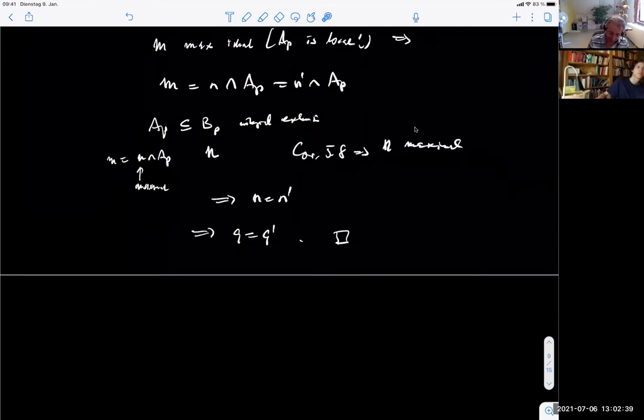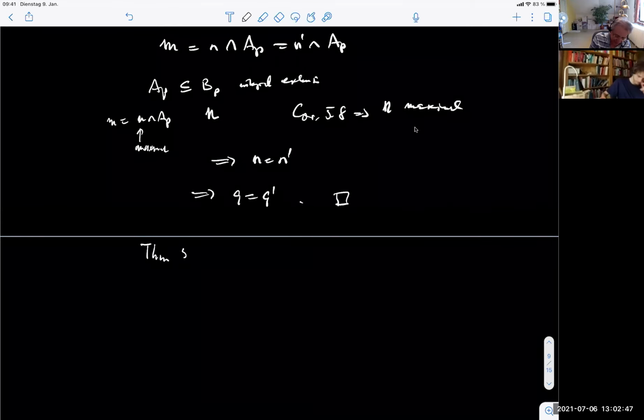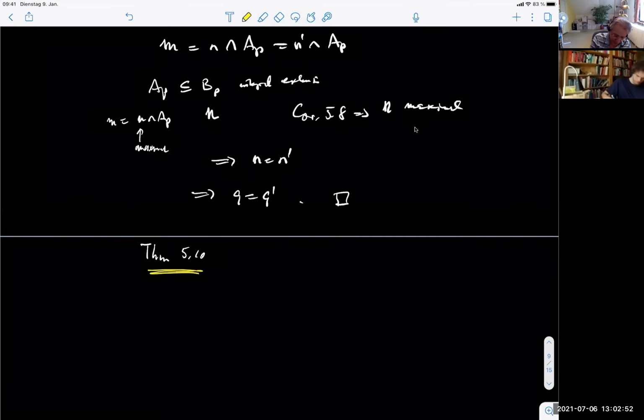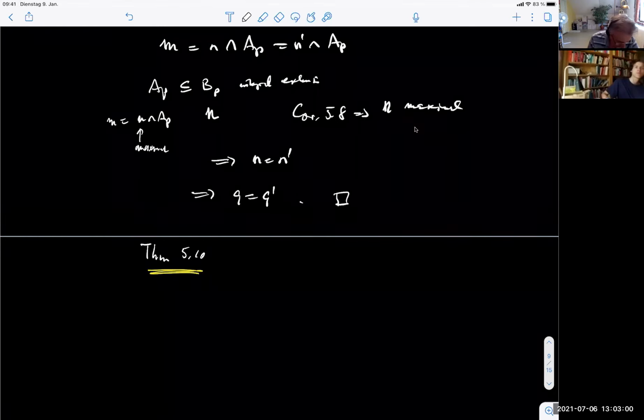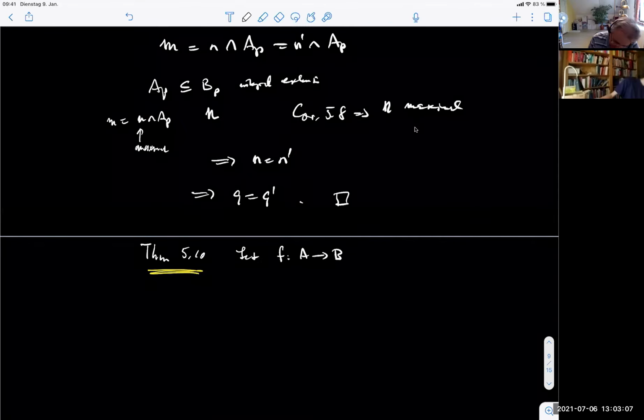Now a theorem. I would say this is the essence of the going up theorem. This is really the important thing, even though it's not usually called going up. Let's assume I have a ring homomorphism F from A to B. I didn't say what an integral ring homomorphism is, so maybe I define it right now.